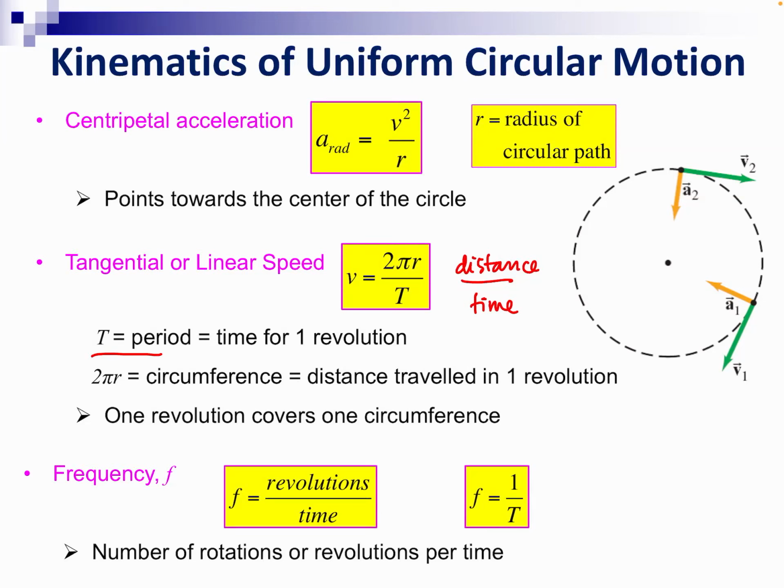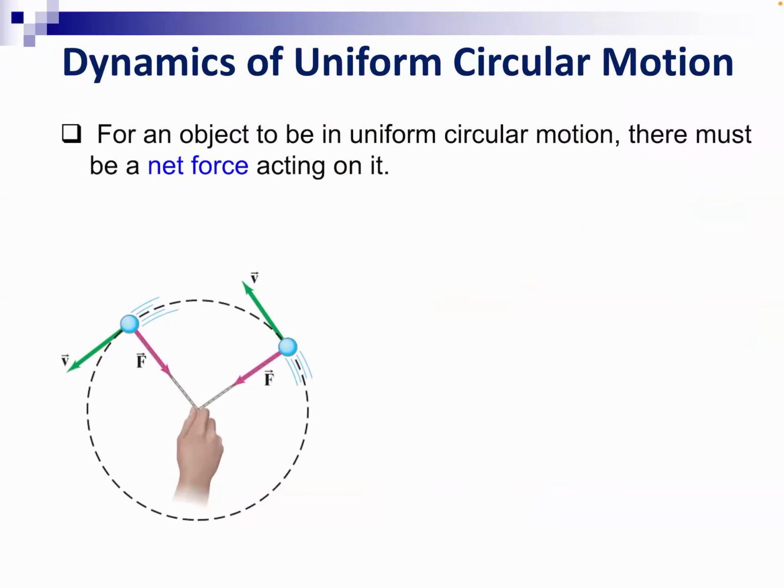Right, so defining all these quantities, we know that there is centripetal acceleration, or acceleration that's always directed towards the middle of the circle. And what does Newton's second law of motion say? If you have acceleration, what should you have? Net force, right?